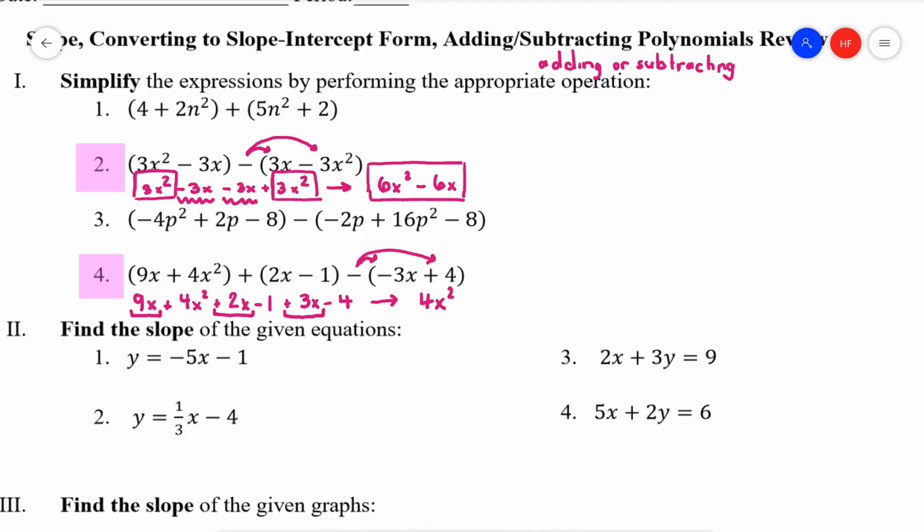So that's 9x plus 5x, which would be 14x. And then lastly, our constants, so minus 1, minus 4. So that's more negative. We'll add them together, keep it negative. 4x squared plus 14x minus 5 is my final answer for simplifying number 4 on section 1.